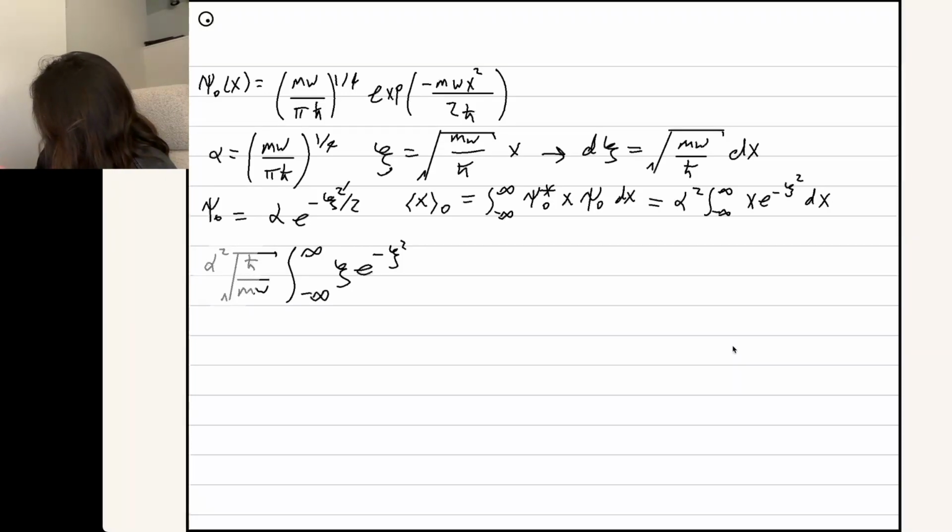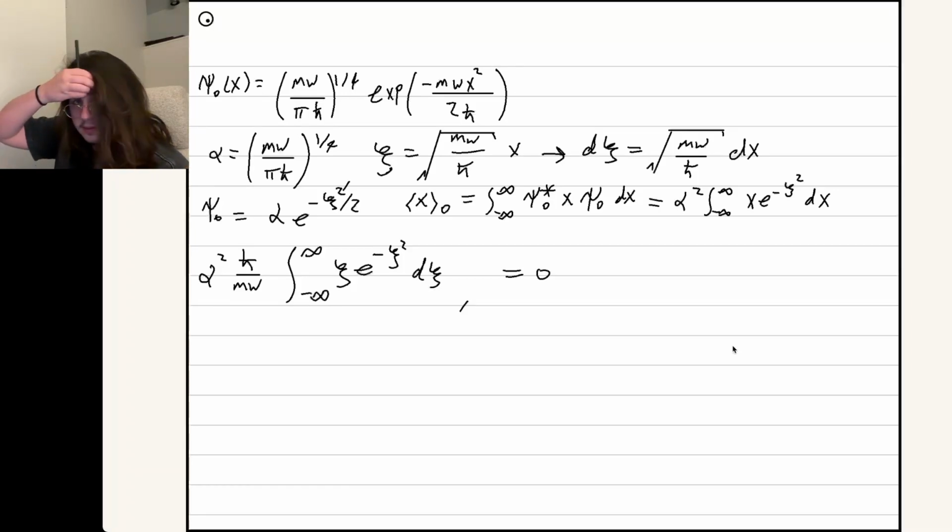So because dc is what it is, we'll actually have two of these h bar over m omega factors multiplied together, so just a one whole power. And we have dc. That is a table integral, and it is 0 because that's an odd function multiplied by an even function.